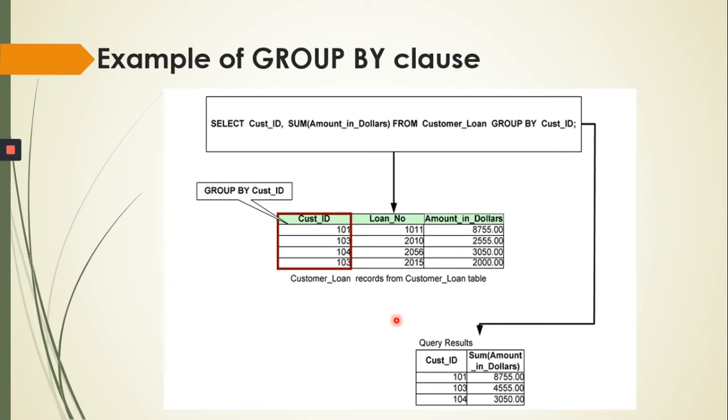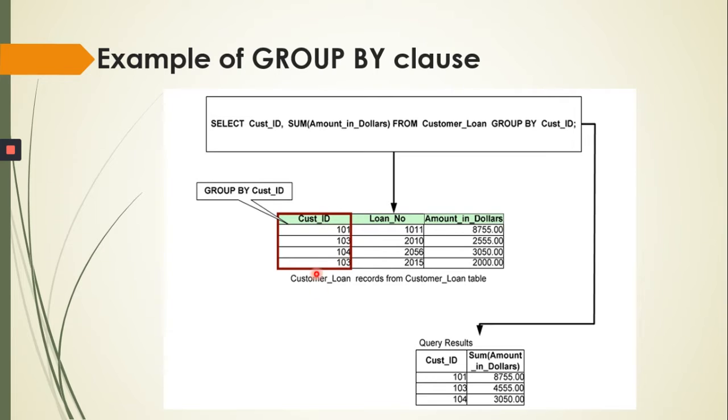So we are using group by on which column? Customer ID. See the example: here we have a table customer loan in which we have customer ID, loan number and amount in dollars. We have to write the query like this. Select customer ID, since we are grouping on customer ID. We have to select the customer ID who took loans from the bank.